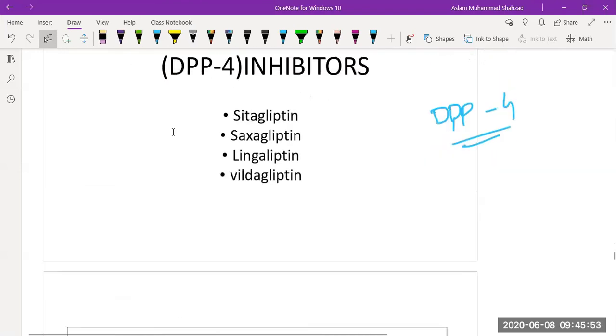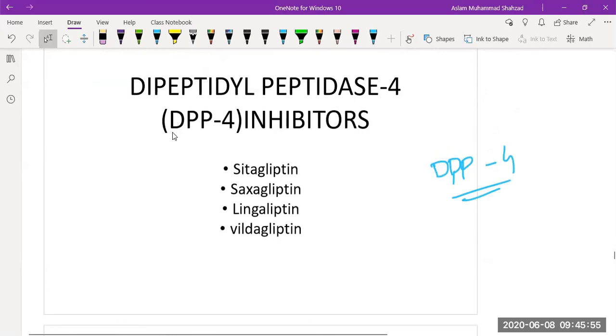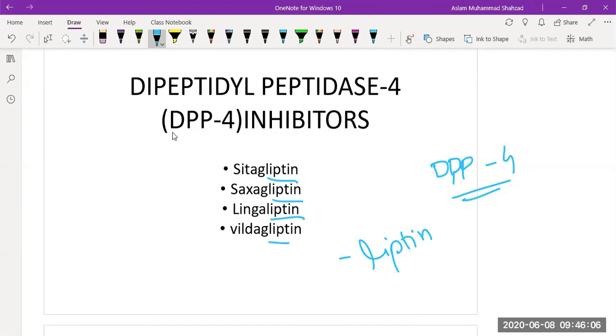To memorize the names of the drugs, there is a very simple way. The suffix that is used is gliptin, sitagliptin. And I think maybe if you like tea, you know Lipton tea, so you can memorize these drugs with the name Lipton tea.